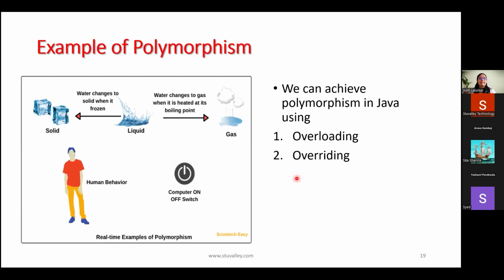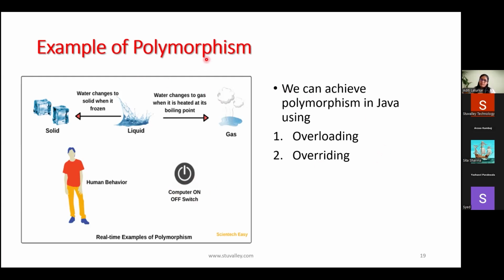And the computer on-off switch is also one example. You can use that switch for starting your computer and also for shutting down your computer. The button is the same, but it performs two operations, switching on and switching off. So these are a few real-time examples of polymorphism.